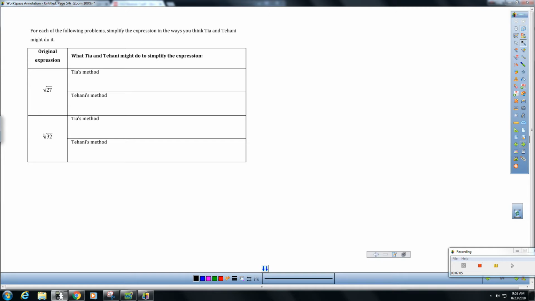So if we wanted to simplify the square root, keep in mind there's no 2 there, but there really is. It's an insinuated 2. So the square root of 27, we don't want it as a decimal. We want to simplify it.